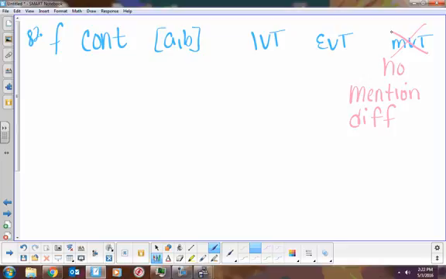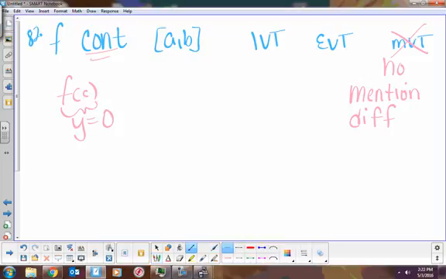So part A says, just because a function is continuous, they're saying f of c, which means the y value, there is a y value somewhere on this continuous graph where y is 0. Is there any guarantee if the function is continuous? If in doubt, can I draw a graph that is continuous without having a y value of 0? Yes. So is that true? That's a maybe, but isn't it always?